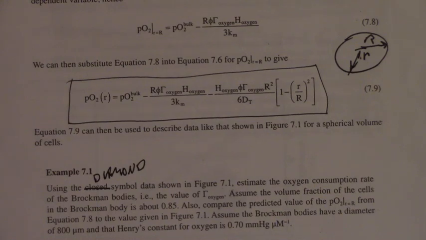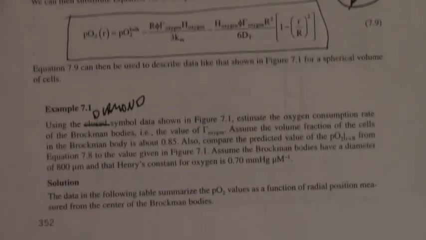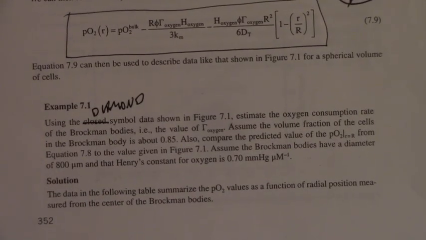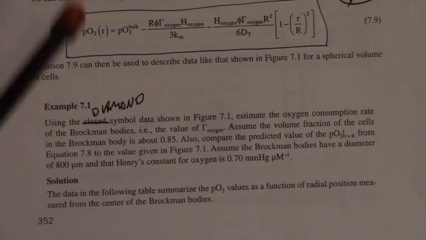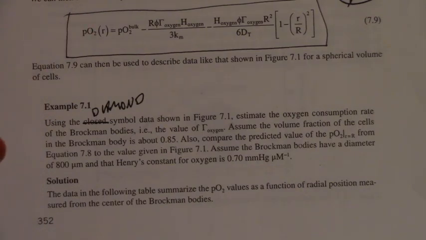Now in the next example, example 7.1, we're going to take equation 7.6 and use it with the given data for the internal PO2 profile that was measured for the Brockman body. We're going to find out what the oxygen consumption rate of the Brockman body cells happens to be.